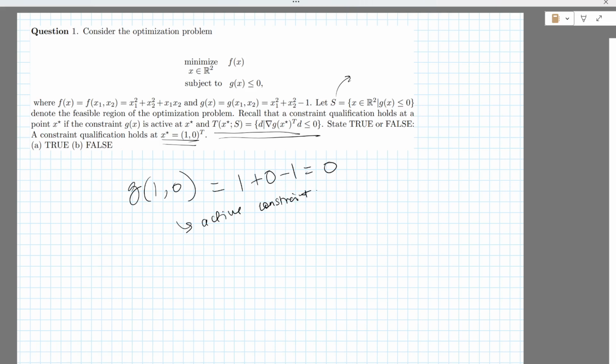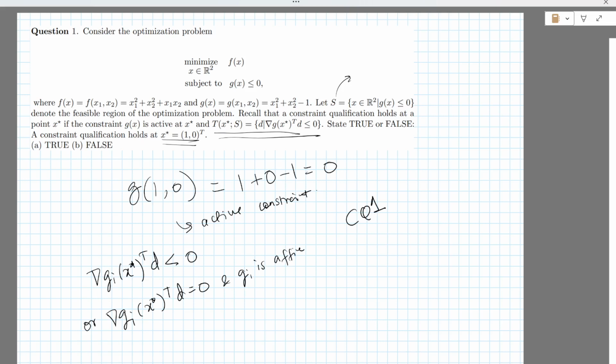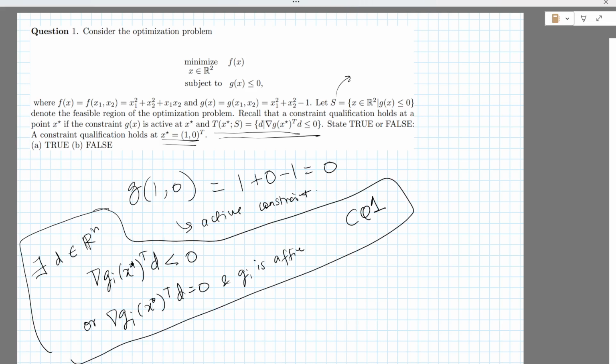So we can look at the gradient, because we had the CQ1 condition that the gradient of gi at x star transpose d is less than 0. Okay, this is the CQ1 condition.